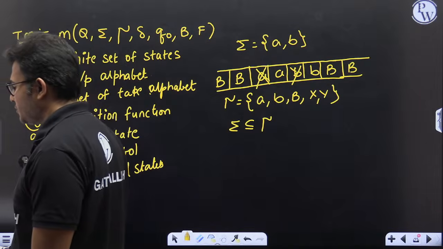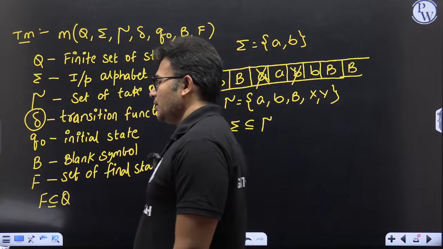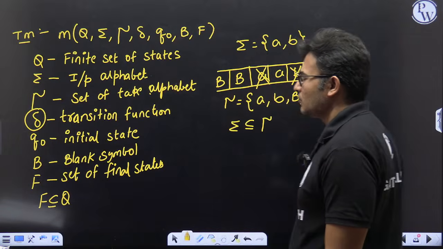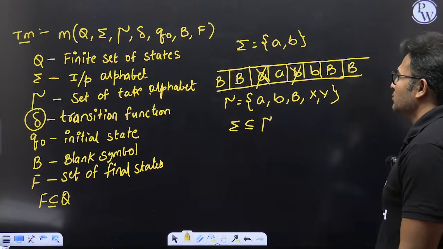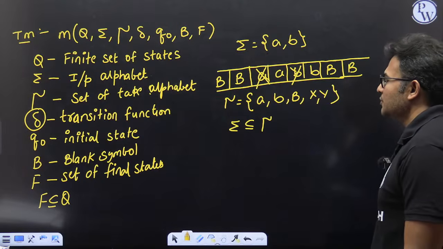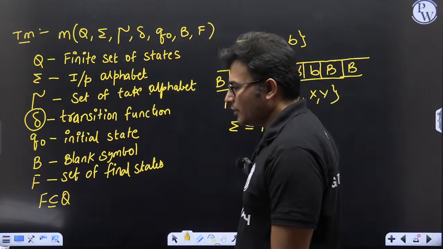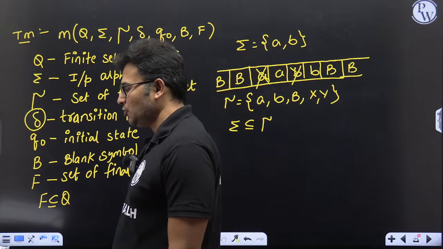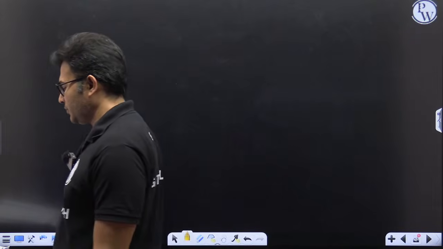Similarly, here also we have a deterministic Turing machine and a non-deterministic Turing machine, right?